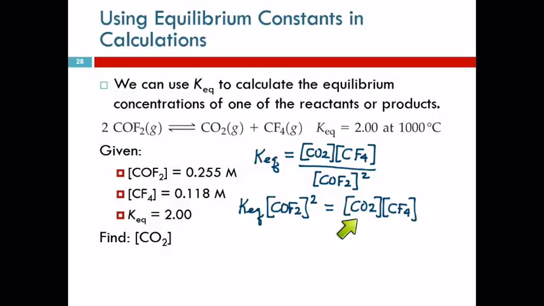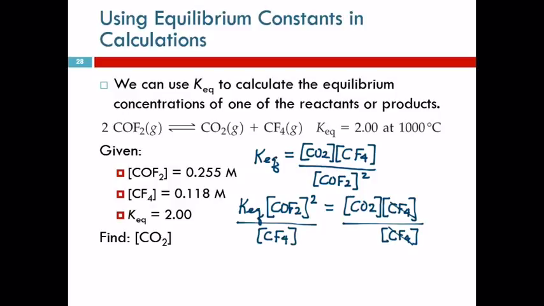I want CO2 by itself. I need to divide by the thing that's with it over there, because that divided by itself is equal to 1. It goes away. If I do that on one side of the equal sign, I have to do it on the other or it won't be equal anymore. So then I divide over here by CF4.